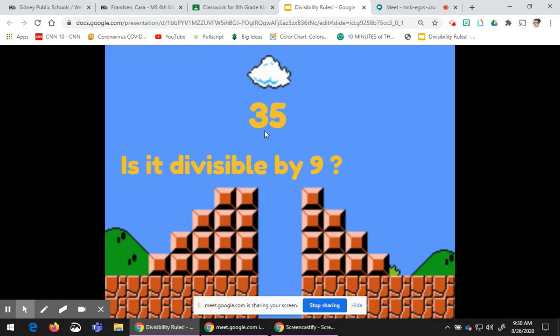Is 35 evenly divisible by 9? Thumbs up if it is, thumbs down if it is not. Well, what's 3 plus 5? It's 8. Can we divide an 8 by 9 and get no remainders? No. So thumbs down on this one. 36. 3 plus 6 is 9. So yep, 36 is divisible by 9.